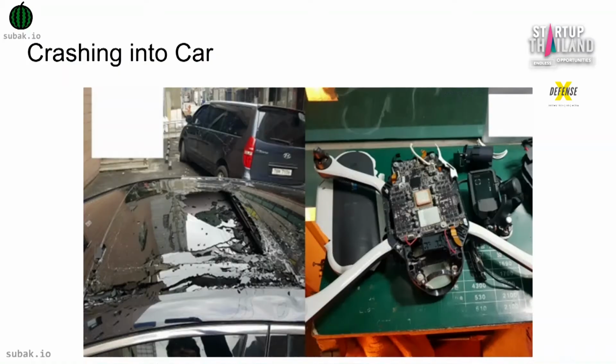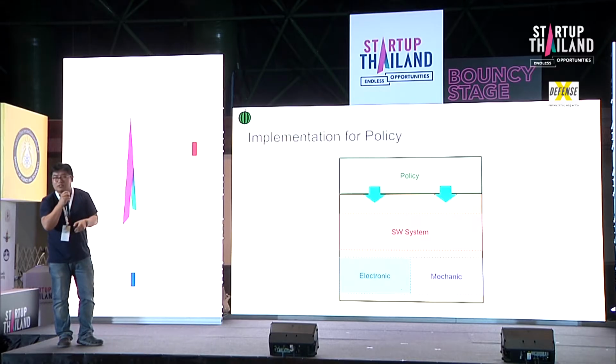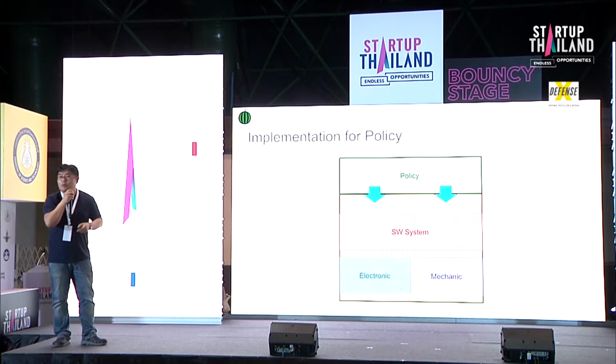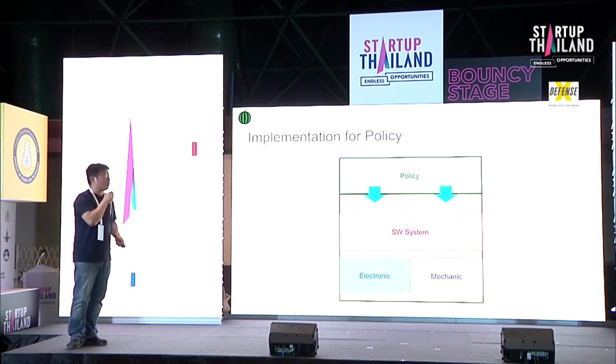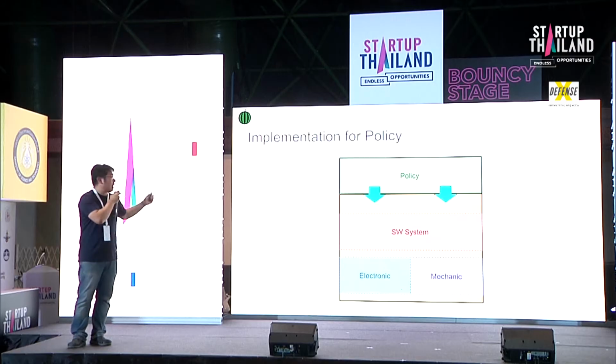It was lucky that it didn't harm people, but it crashed the car. If you make a policy, your software system, electronics and mechanics must support it. You may be interested only in policy, but to achieve it, the low-level system should support the high level.